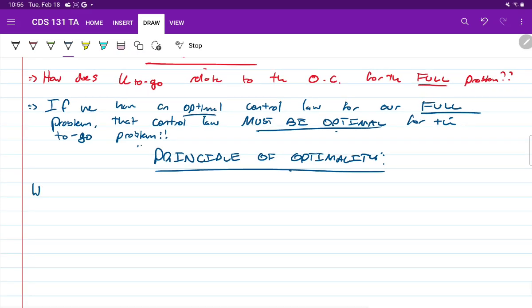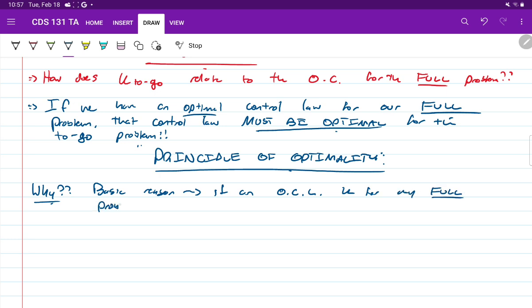And what's the reason for this? The basic reason is that if an optimal control law, K, for my full problem is not optimal for a to-go problem, then what I would do is I would just switch to my to-go controller once I get there.